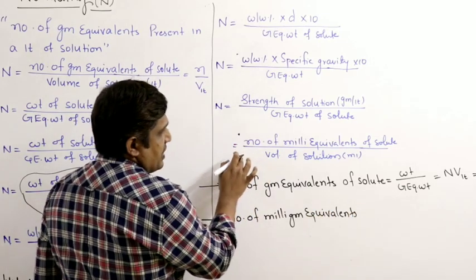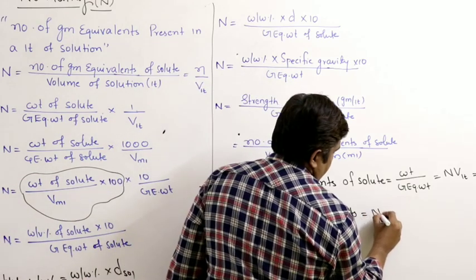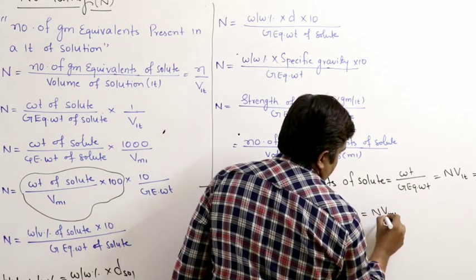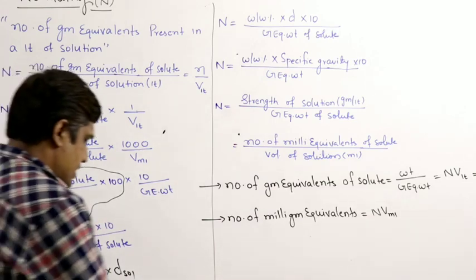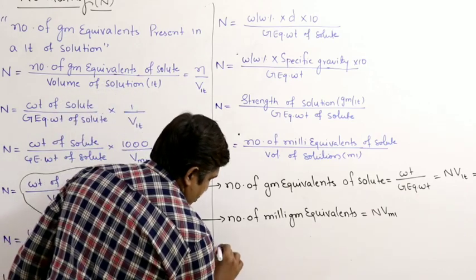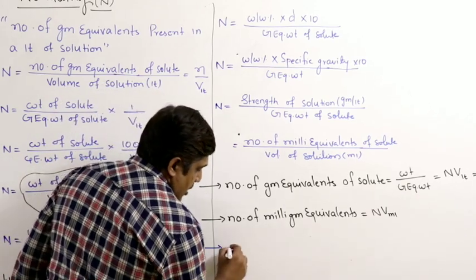So from this equation, what can I write? N into V in ml. In the last class we have studied the meaning of molar norm. In the same way we will write normal solution.